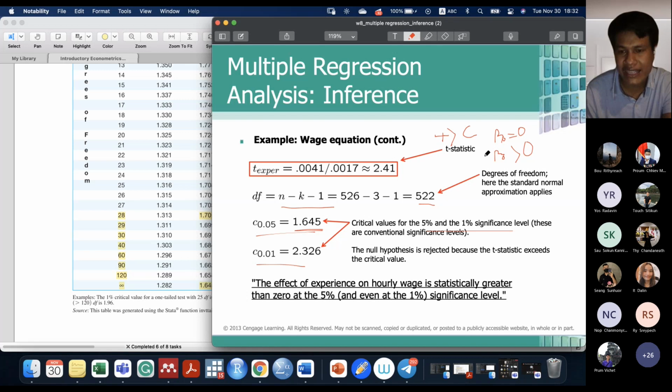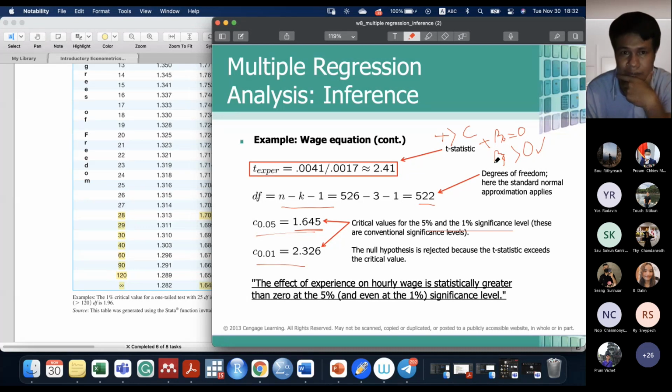So what we found here is that experience significantly affects wage. Why? Because we reject the null hypothesis, and we accept the alternative, because we found that delta J is bigger than 0. Sorry, delta J, not delta 0.